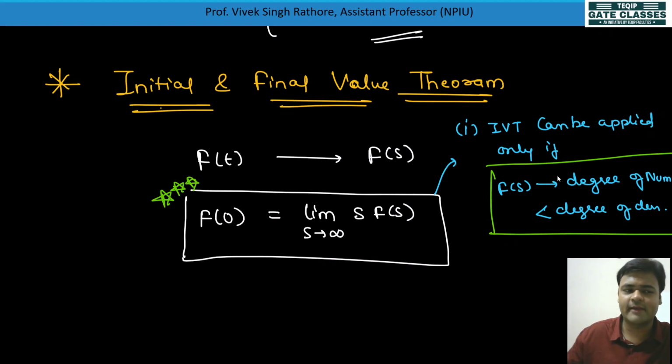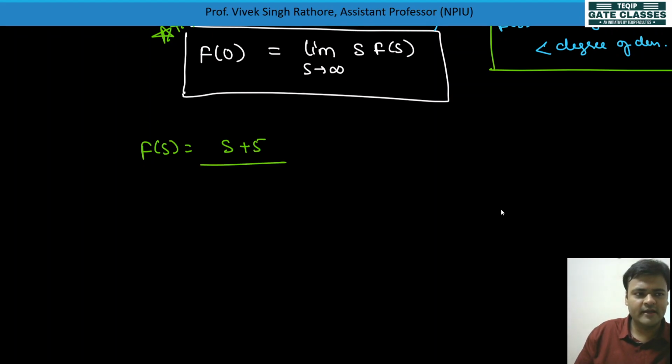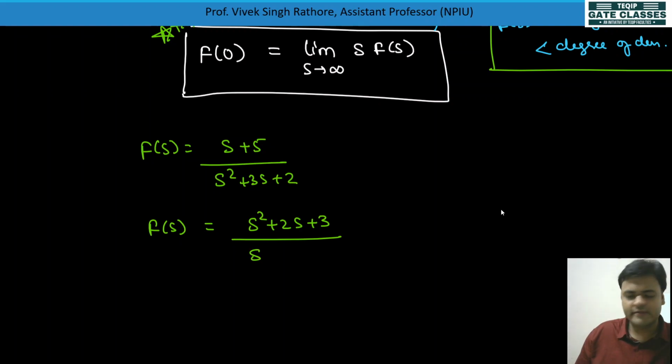Otherwise you cannot apply the initial value theorem for finding initial values. Like, see, F of s is given, let's suppose (s plus 5) by (s square plus 3s plus 2). Another F of s is given, let's suppose (s square plus 2s plus 3) by (s square plus 3s plus 2).